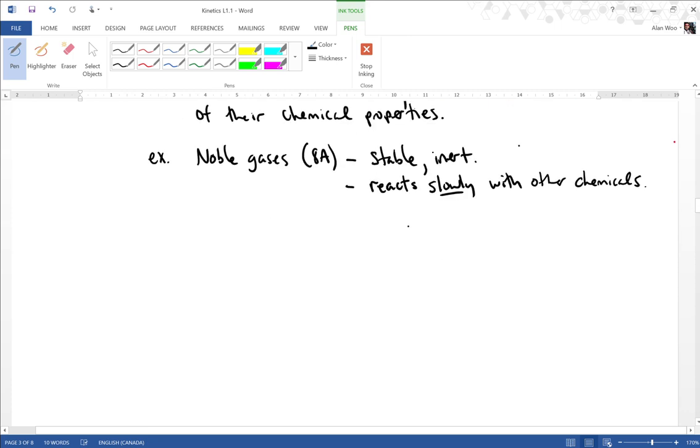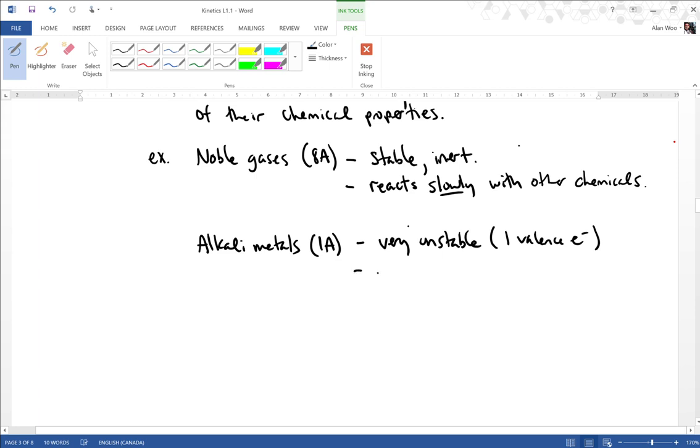However, if you take the alkali metals in family 1A, okay, the first column, they're very unstable because they only have one valence electron. Therefore, these guys react very quickly in order to get rid of their one electron.